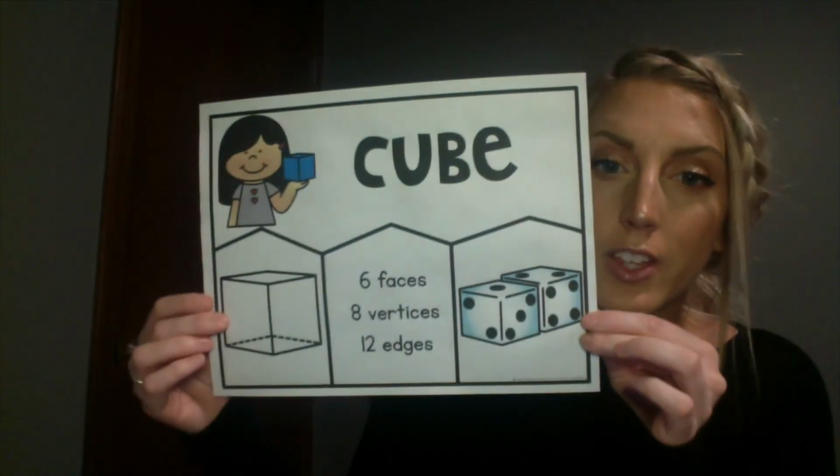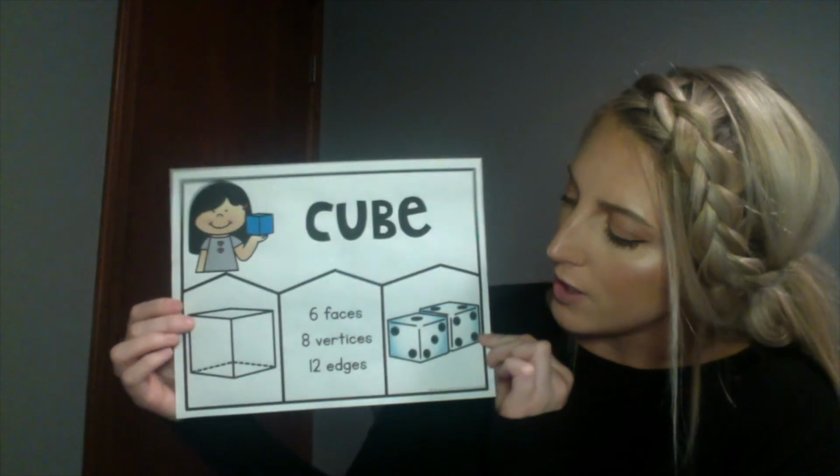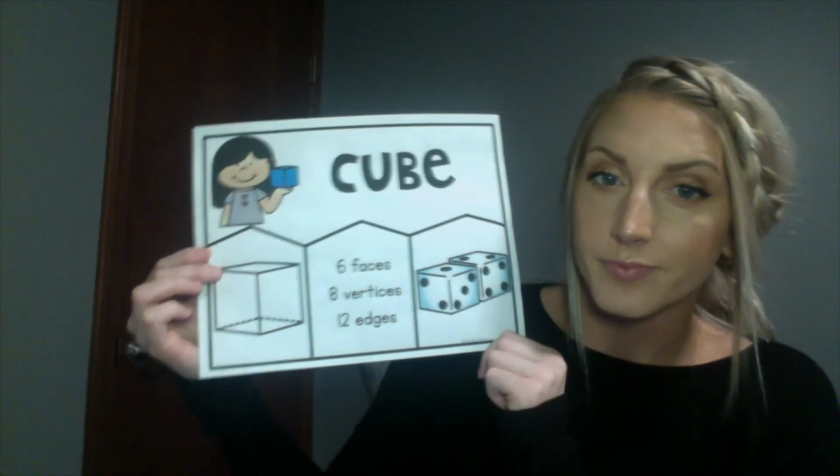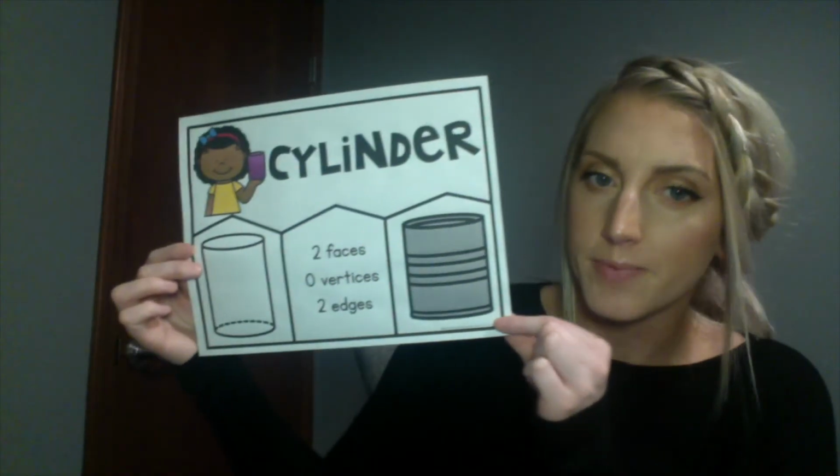I really want to challenge you guys today to try to find 3-dimensional shapes that we've learned around your house. I'm going to quickly go back over the shapes we learned today. So we learned about a cube, and an example of a cube is dice. We learned about a cylinder.